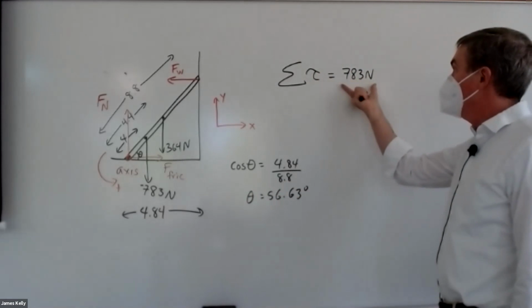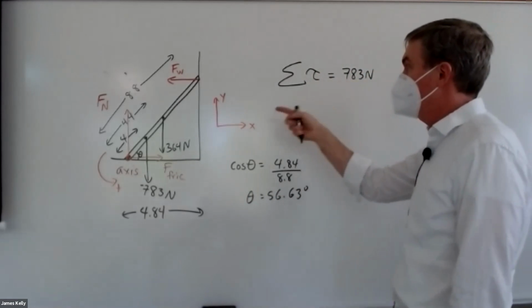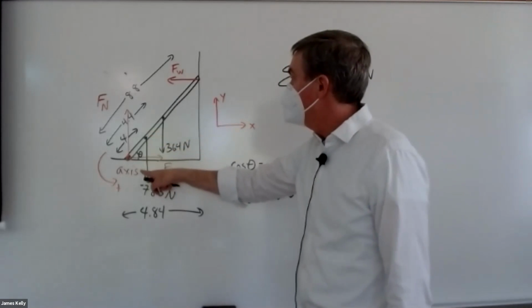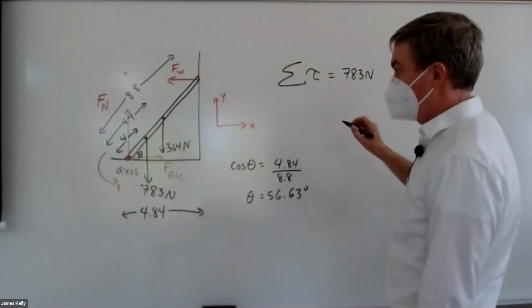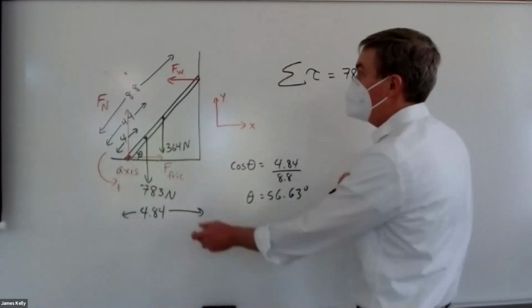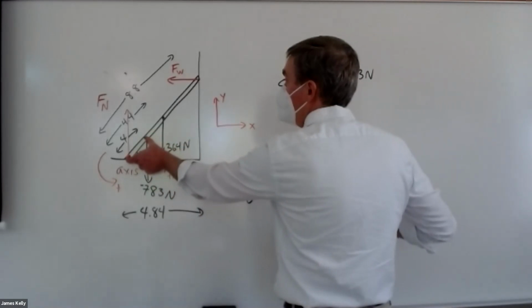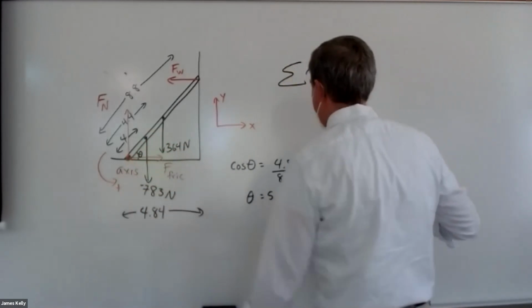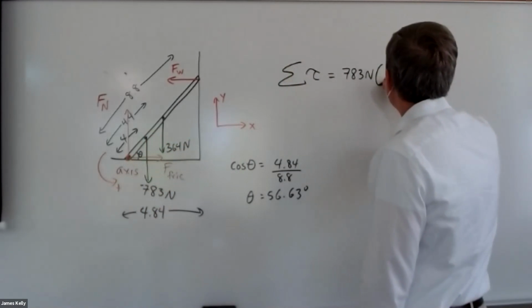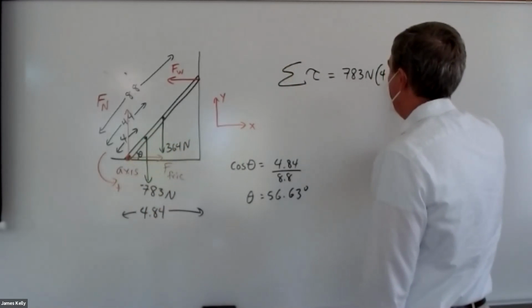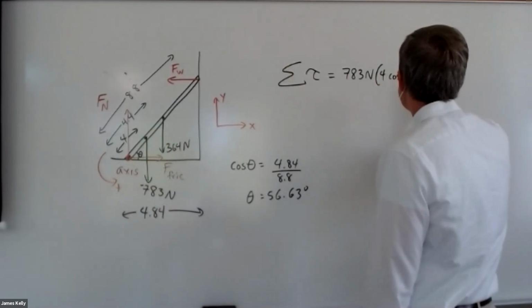So I'm doing force times moment arm. Here's the magnitude of the force, and its moment arm is going to be 4 times the cosine of that angle, 4 times the cosine of 56.63 degrees.